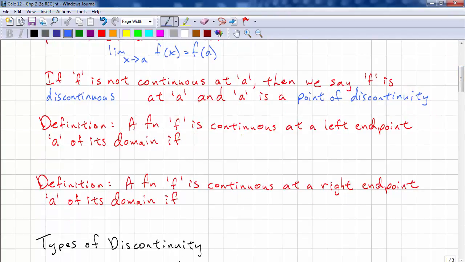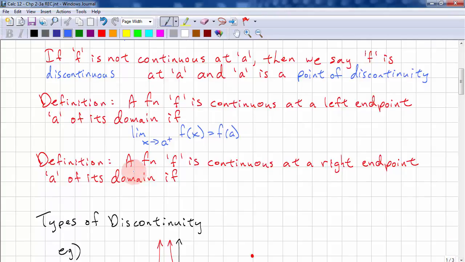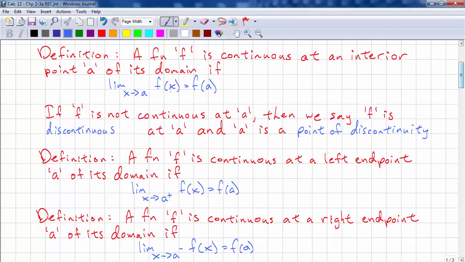A function f is continuous at a left endpoint A of its domain if the limit as x approaches A from the right of f of x equals f of A. A function f is continuous at a right endpoint A of its domain if the limit as x approaches A from the left equals f of A. Okay, so this is important.